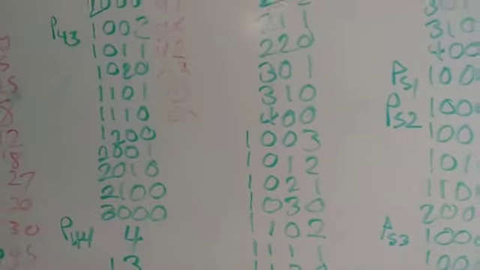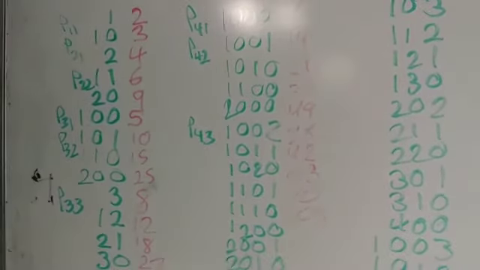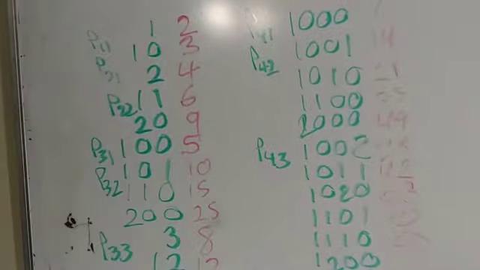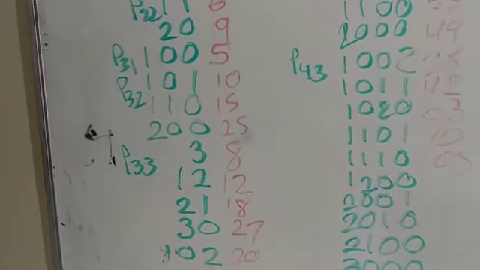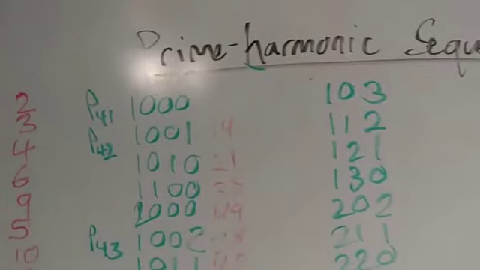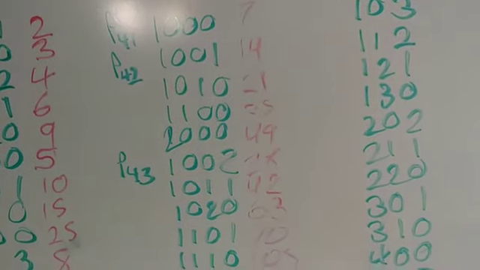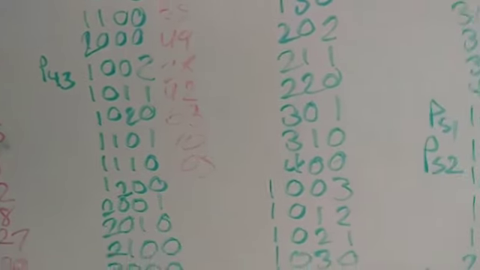I don't like converting back from prime harmonic or prime factor base. But anyway, this is the prime harmonic sequence: 2, 3, 4, 6, 9, 5, 10, 15, 25, 8, 12, 18, 27, 20, 30, 45, 50, 75, 125, 7, 14, 21, 35, 49, 28, 42, 63, 70, and 105.